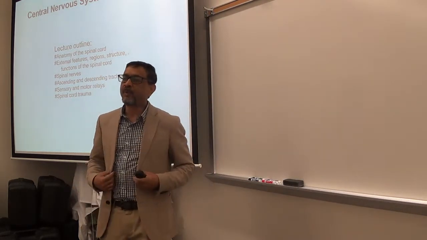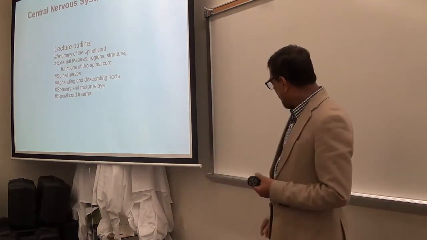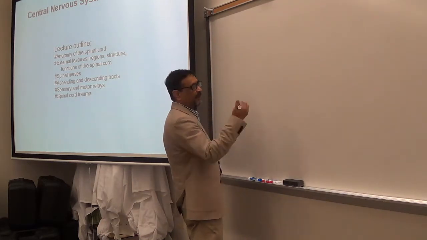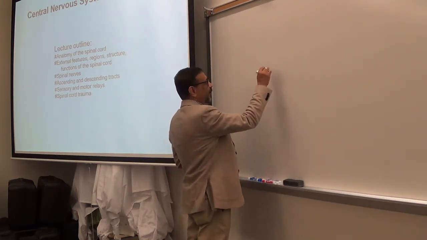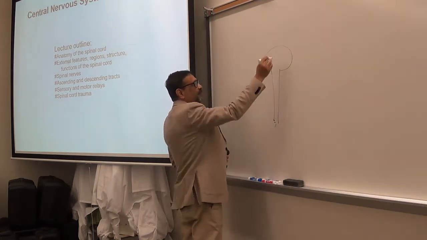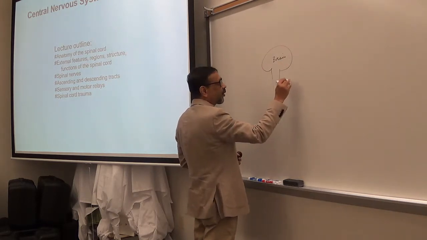Today we'll talk about the spinal cord. You know that the central nervous system consists of the brain and the spinal cord. So this is the brain and this is the spinal cord.